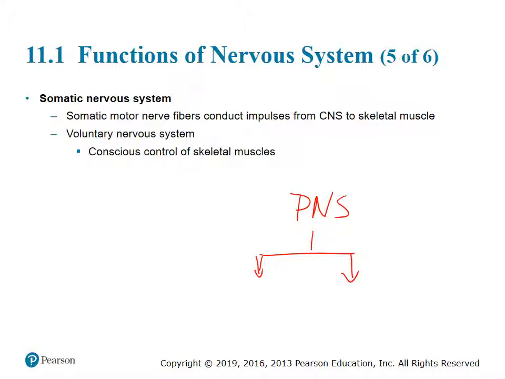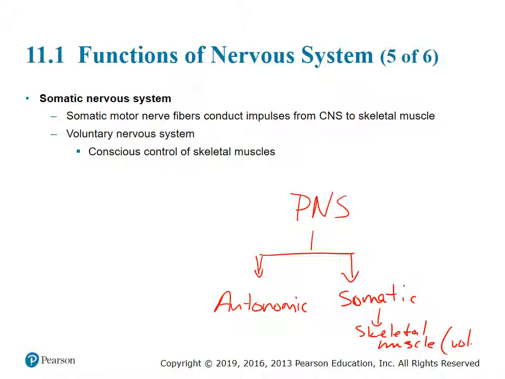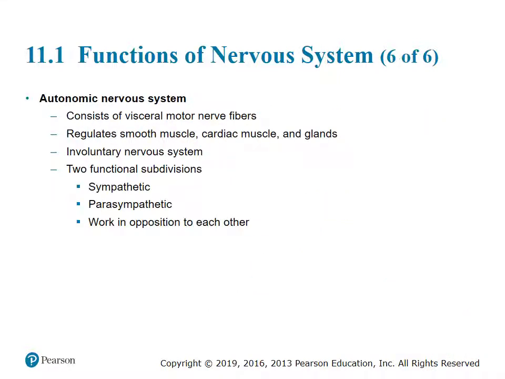I would put this as the somatic and the autonomic, right? And I would say that this would be skeletal muscle and then voluntary, right? So you build the chart. And in fact, there's a figure for that you're going to see here in your book and also here in the PowerPoint.